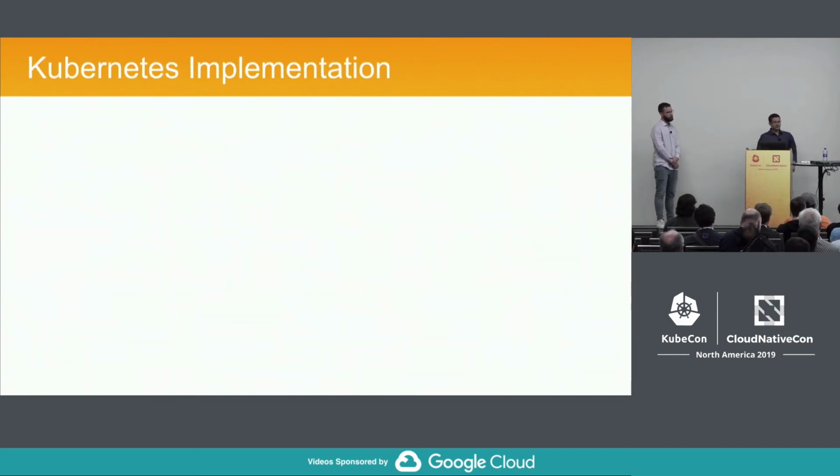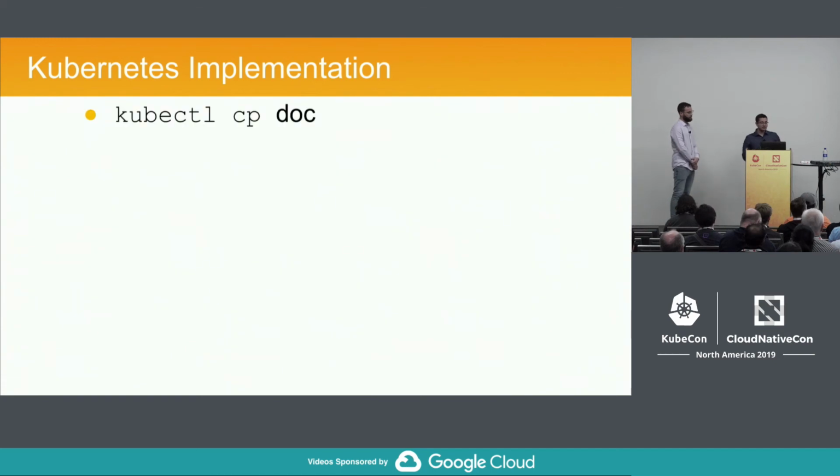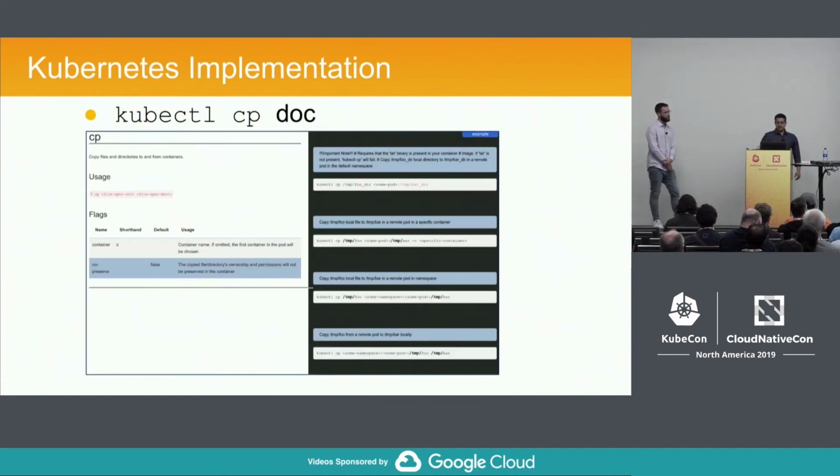And that was actually a problem with Kubernetes. So let's take a step back and look at the Kubernetes implementation and see how it was done. kubectl cp is the command. And from its documentation, maybe a little bit small, what it says is you need the tar binary inside the container you want to copy from.